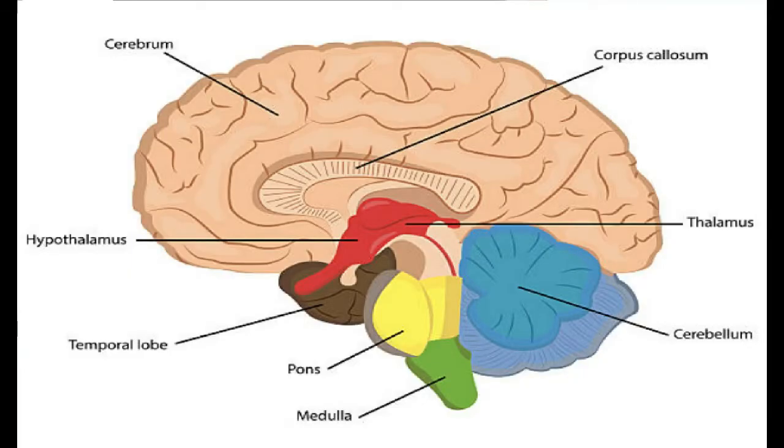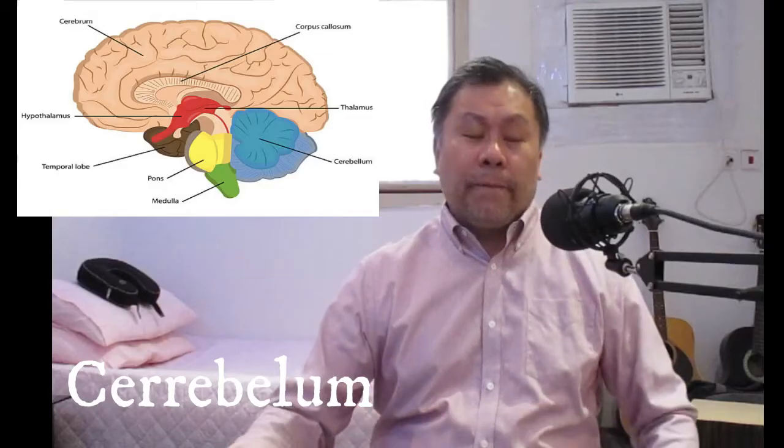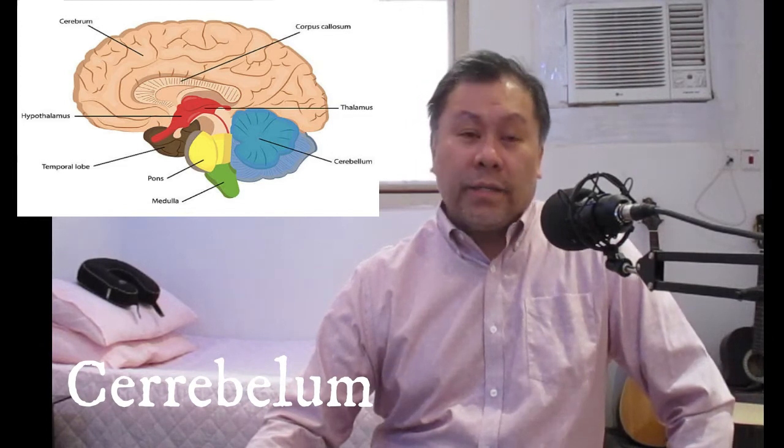What is the part of the brain which is responsible for coordinating voluntary movements? It includes motor skills such as balance, coordination, and posture. That is what we call the cerebellum. Now we have the terminal cell or terminal end fibers.